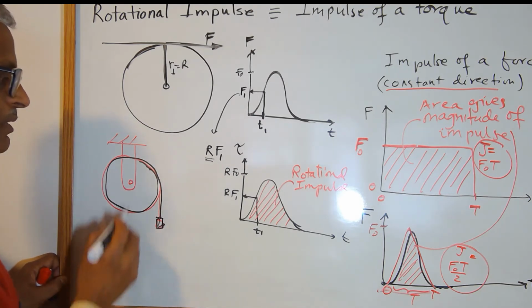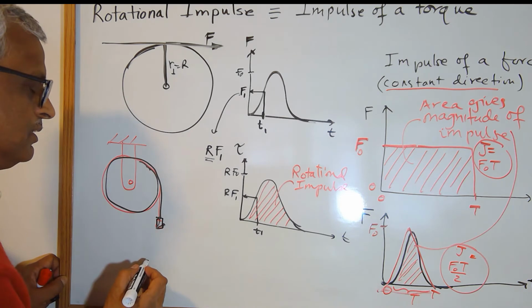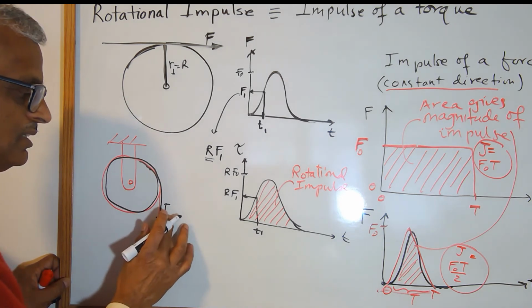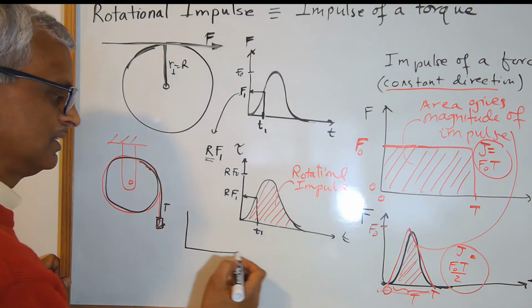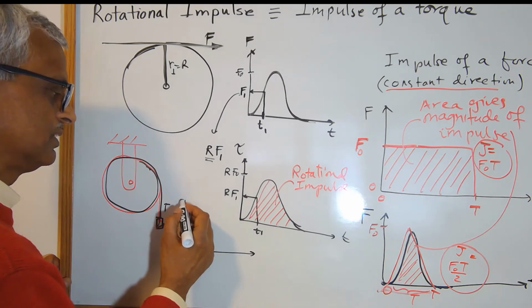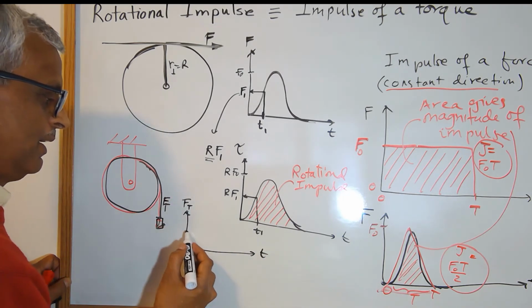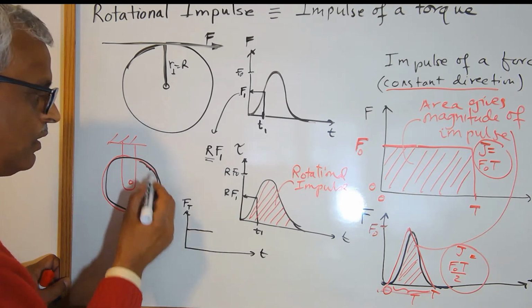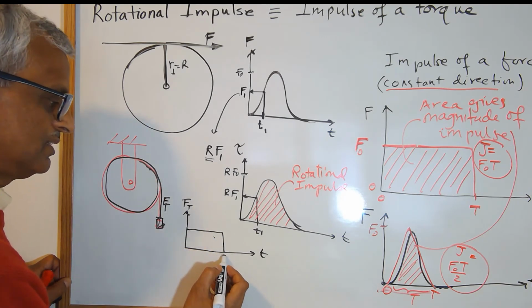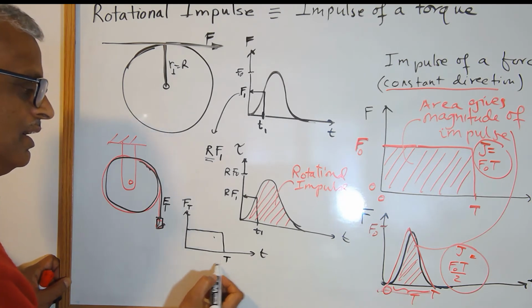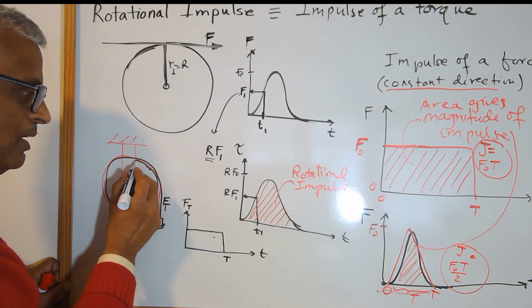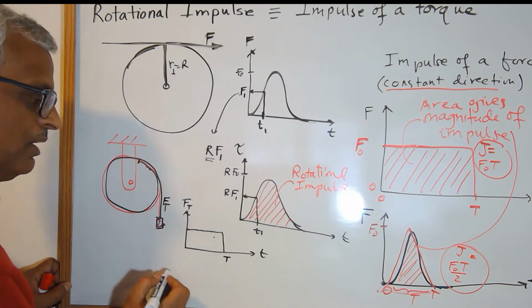So what will happen, the thread will unwind, and this tension is some kind of constant. That's the force. So if you look at the force of tension, T, it's constant till all of this unwinds, right? So that's the time that it has, the last bit just fell off.